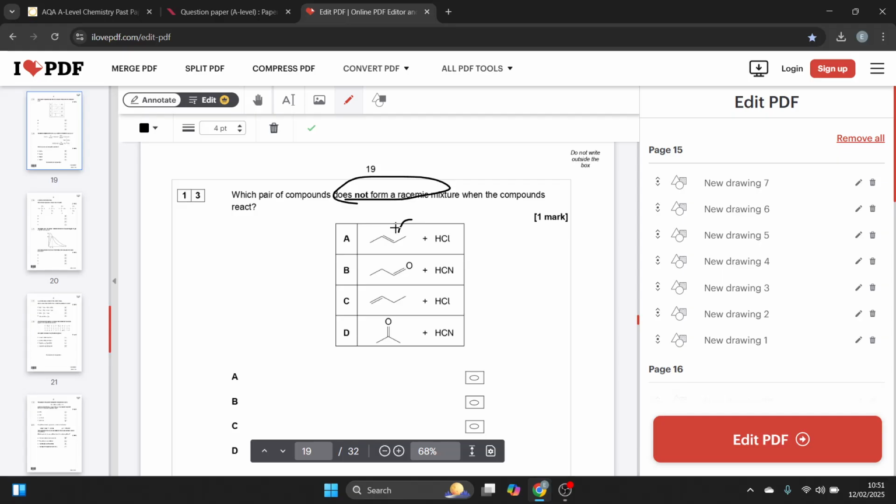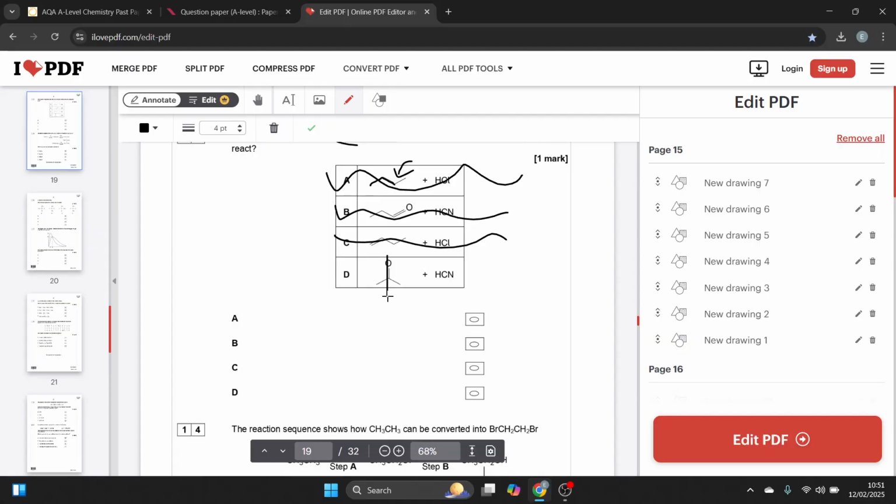Now that's not symmetrical, because if it was, it'd be like that, right? So that will form a racemic mixture. B will, C also will, D won't, because if you think about it, that is symmetrical. So D is your correct answer.